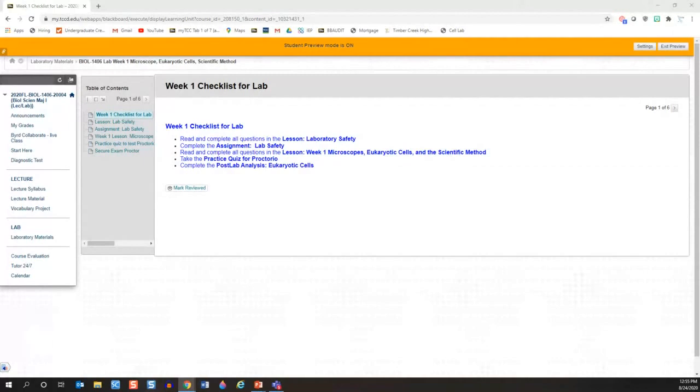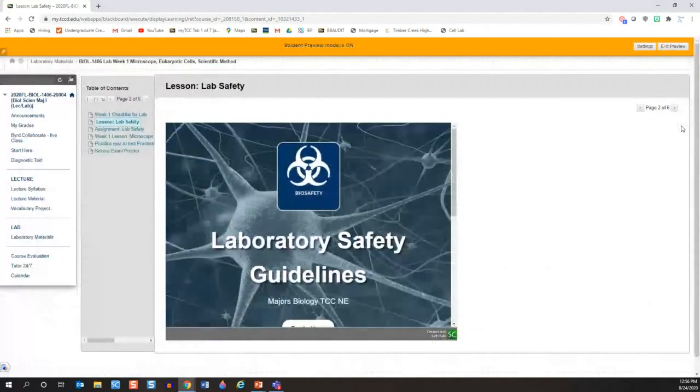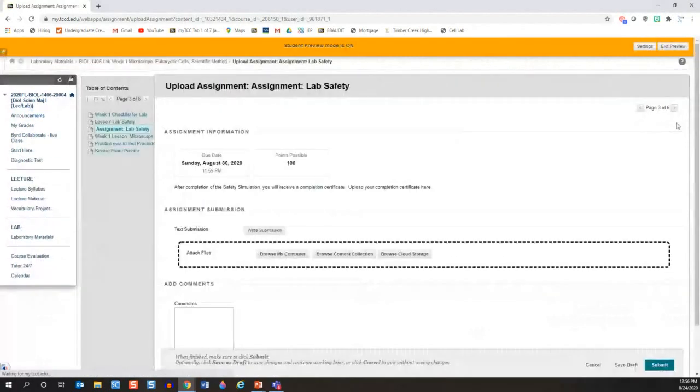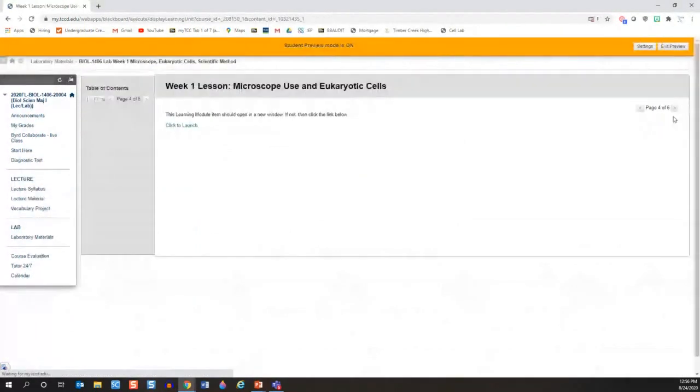Let's see. Lori Ann asks, is the week 1 post lab there now? It wasn't there before. I think it's one of those things where you have to go through each piece to have it show up. It's like adaptive release, it won't let you have it until you go through everything.